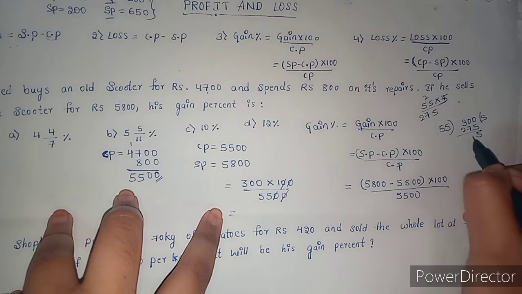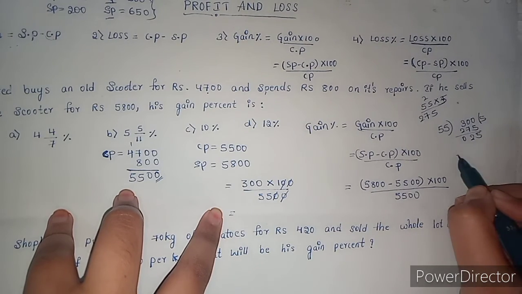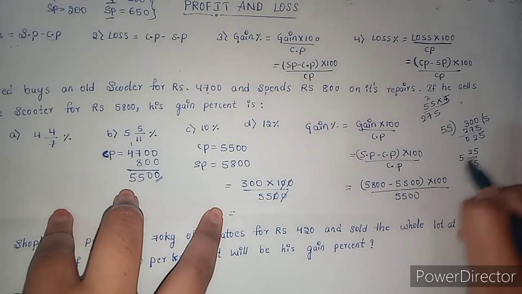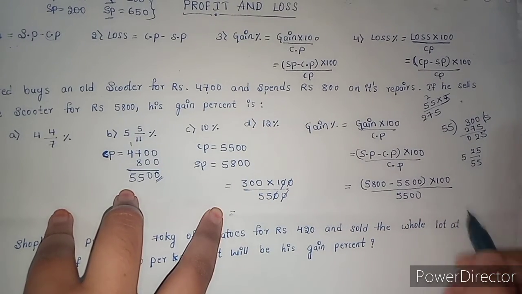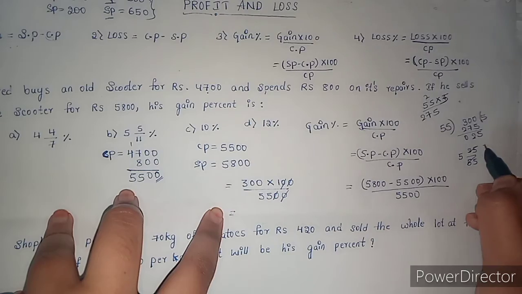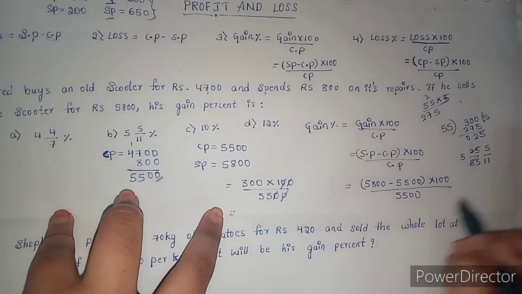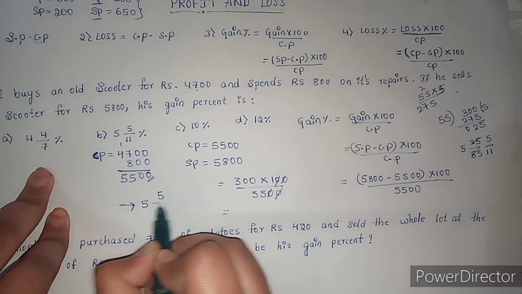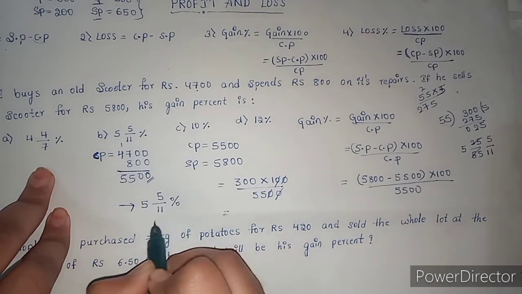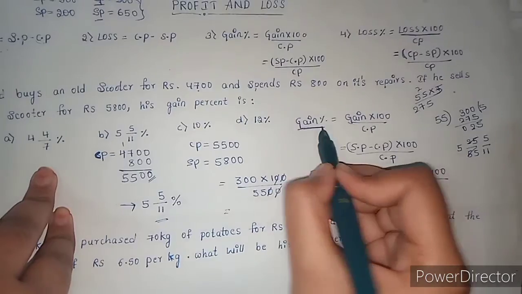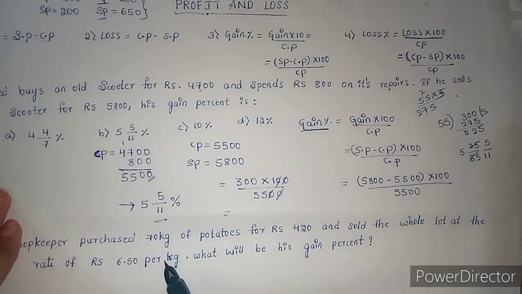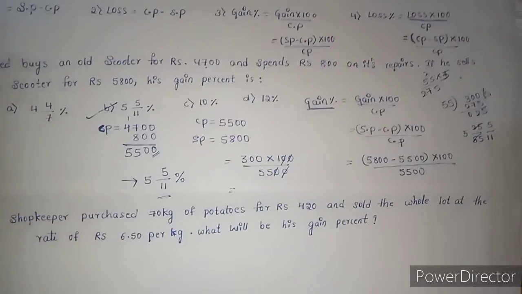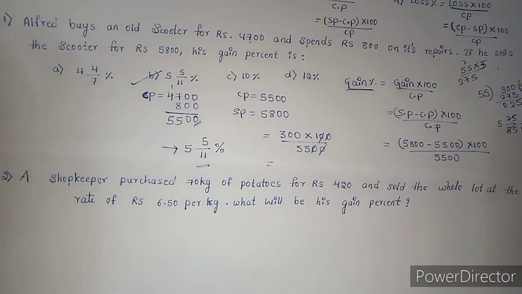Then 25 by 55, now I can cancel by 5: 5 fives are 25, 5 elevens are 55. So the final answer is 5 by 11%, because it is gain percent, right? Option B. Clear?